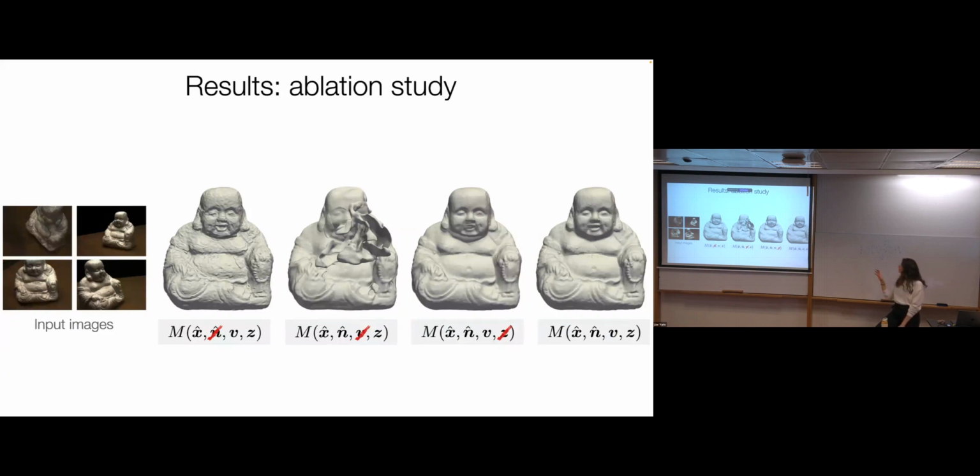And then you can take only the first part, which is the neural geometry, the distance map, the signed distance function, and you can query its zero level set, the surface. And this is what we see here. This is the zero level set of the neural geometry part.